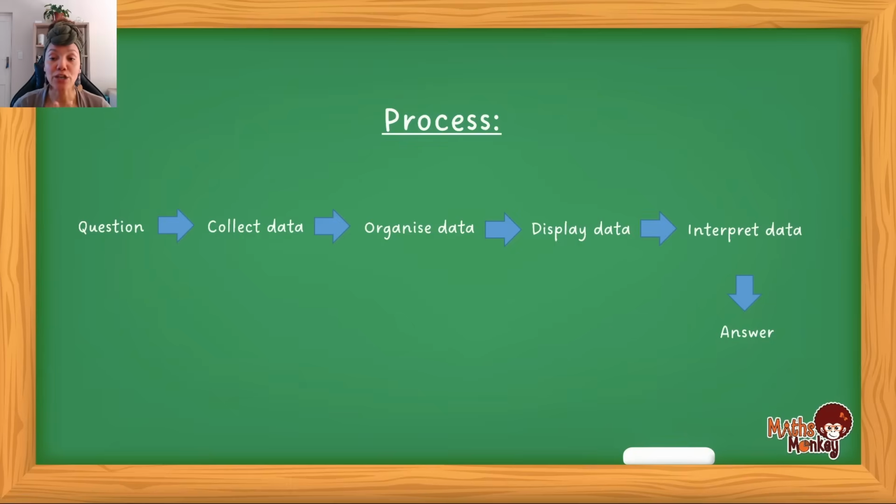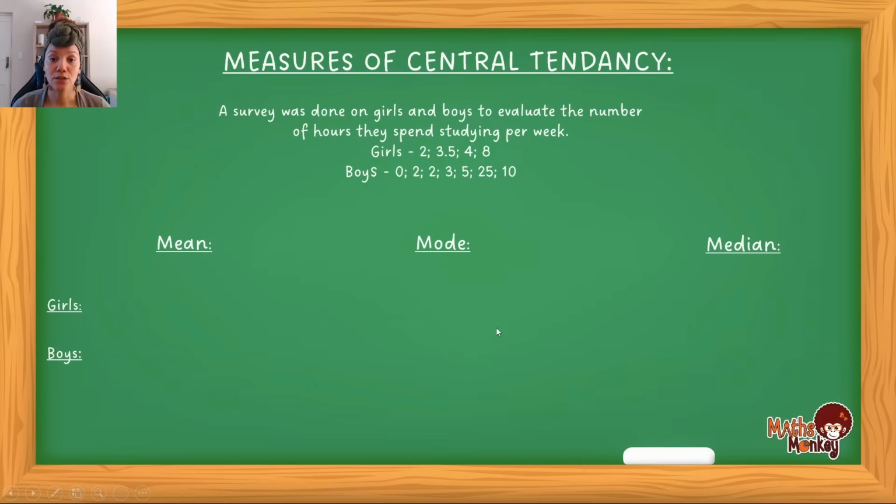Okay, so now we're going to zoom in and look at the interpreting the data section. The interpreting data section has two subsections: measures of central tendency, and measures of dispersion. I just want to quickly explain the difference between the two.